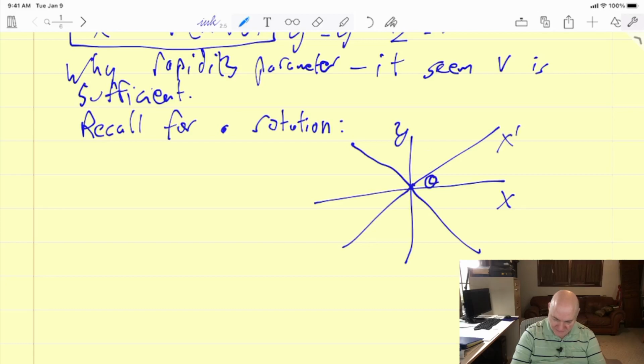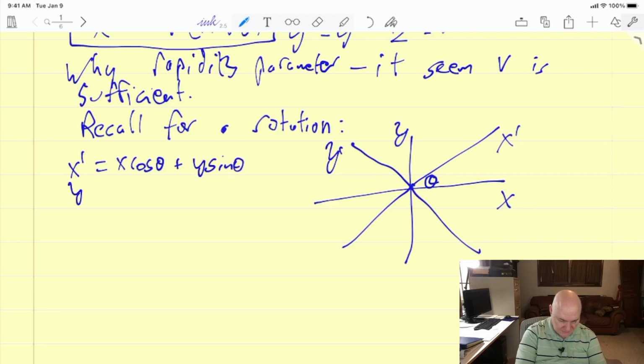So this becomes x prime and y prime. And so theta is the parameter for a rotation, and just to write down the equations, x prime is x cosine theta plus y sine theta, y prime equals minus x sine theta plus y cosine theta.